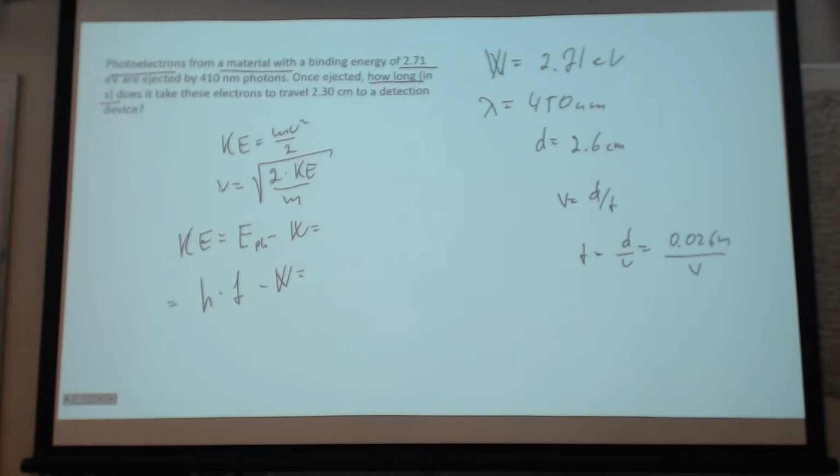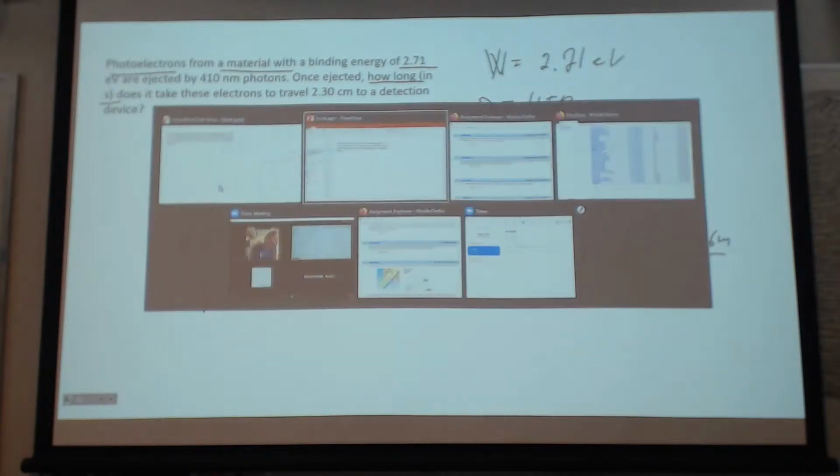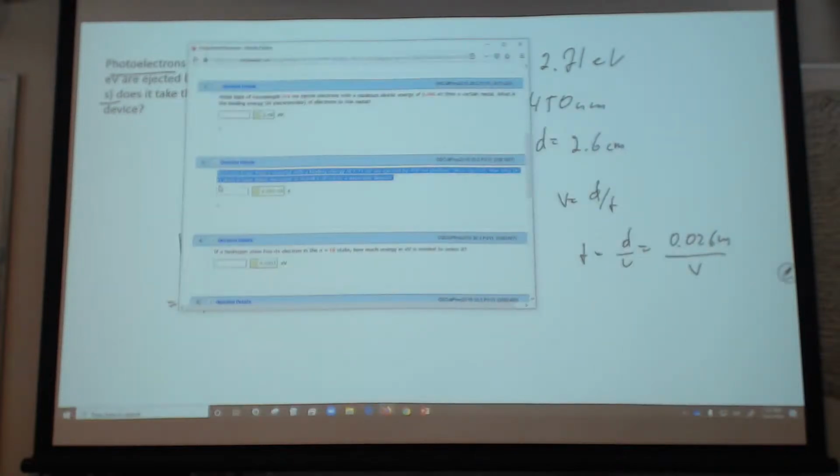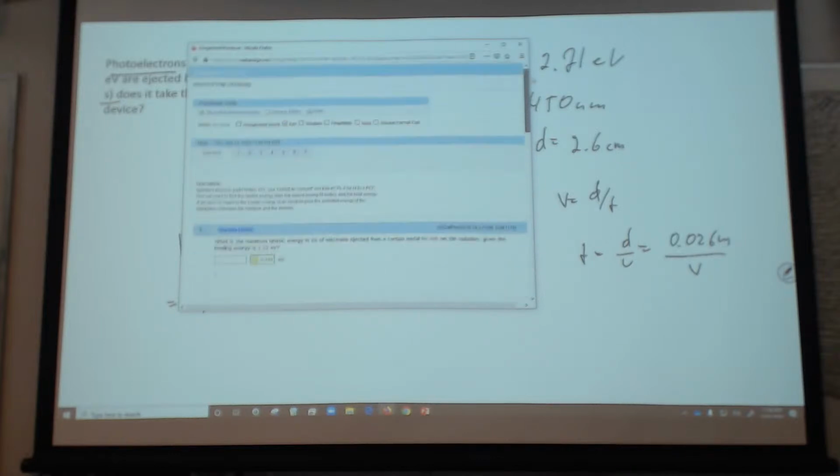First I want to do electron volts, so let me check, sometimes it tells you what values to use.